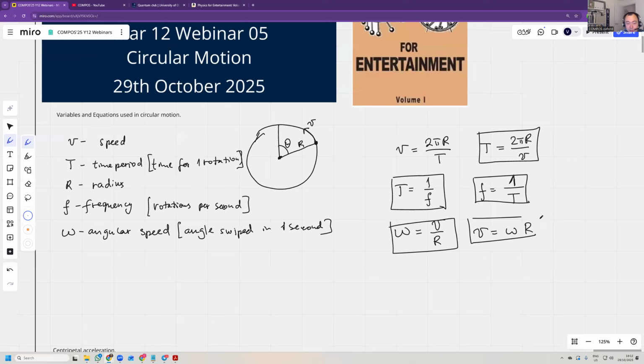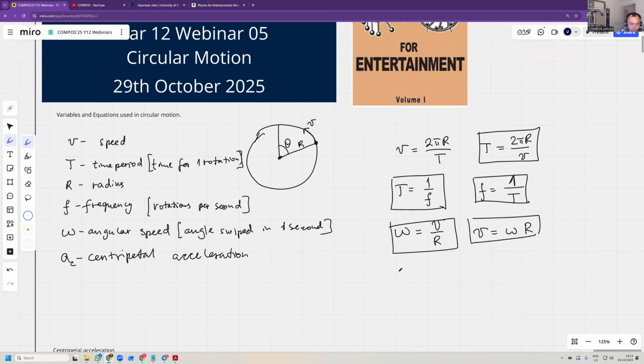And of course, we use centripetal acceleration. If you're moving in a circle, your speed might be constant, but your velocity is changing. And if your velocity is changing, that means you are accelerating.